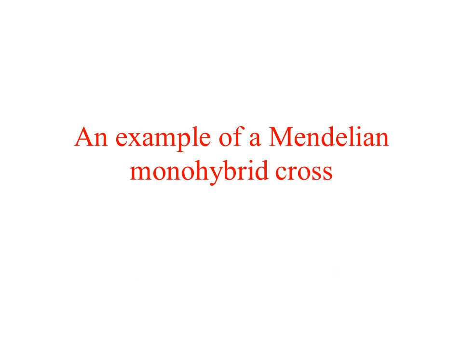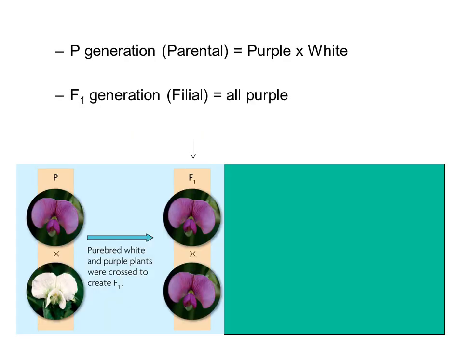Now we're going to look at some examples of Mendelian monohybrid crosses. You start off with true breeding plants. You have a purple flower versus a white flower. We're going to call those the parental types or the P generation. Then we're going to cross those two and create the offspring.